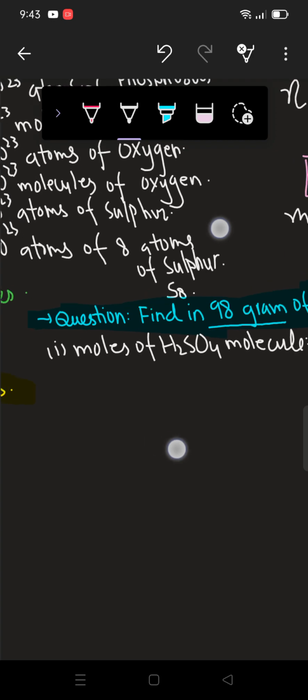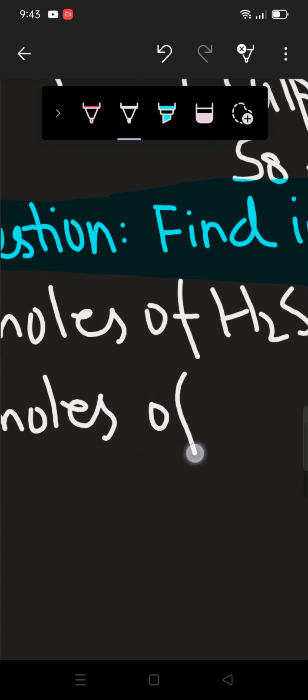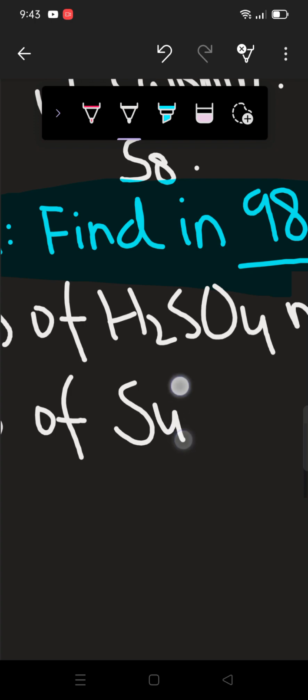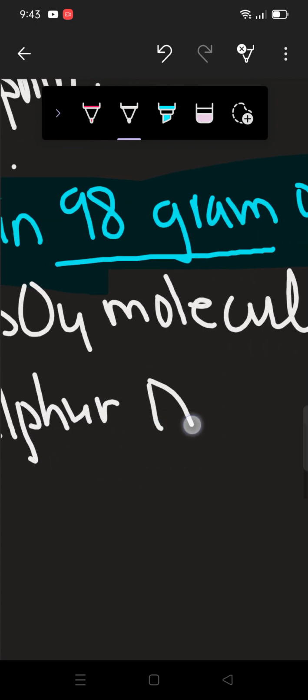Secondly, we need to find the moles of sulfur atom.